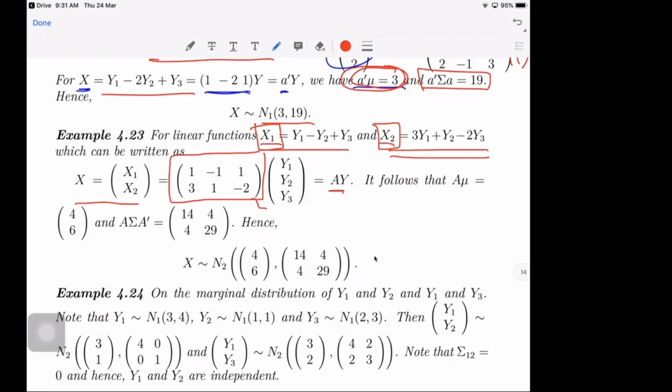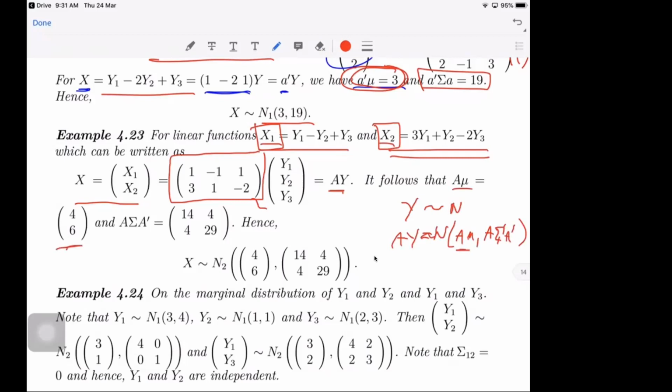So for example, you have a Y which is normal. What will happen to AY? Still normal with parameter A mu, and variance A Sigma A prime. If you recall from the results, that A mu here will be (4, 6).